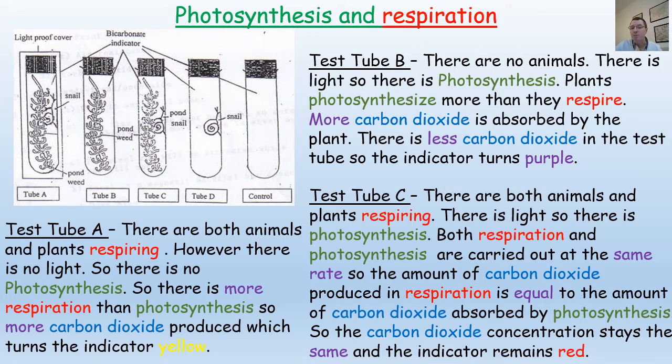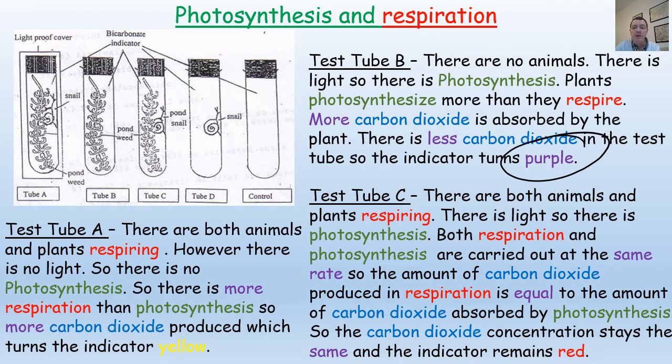And that means that it's not going to make more carbon dioxide, it's going to take in more carbon dioxide. It's going to absorb more carbon dioxide from the air and use that carbon dioxide in photosynthesis to produce glucose. So there's less carbon dioxide in the test tube, and that means that the indicator is going to turn purple.